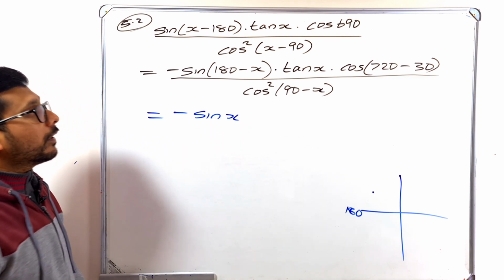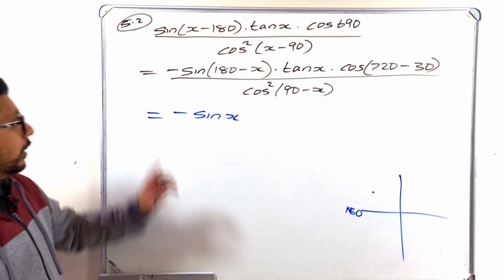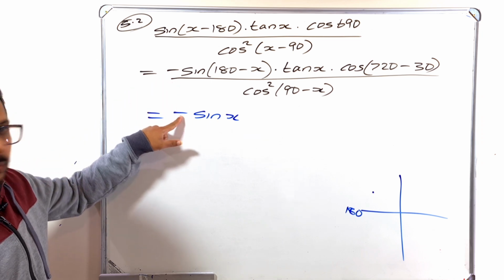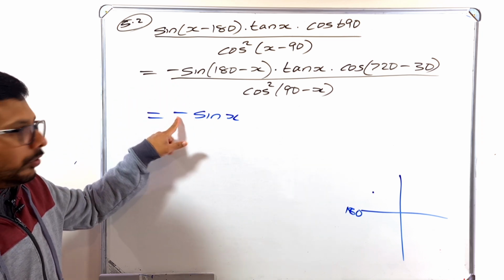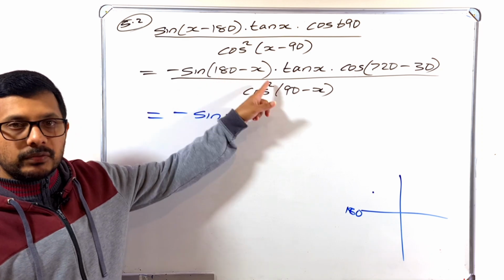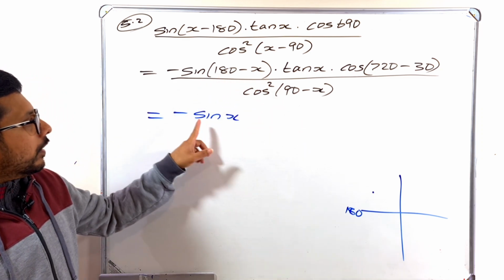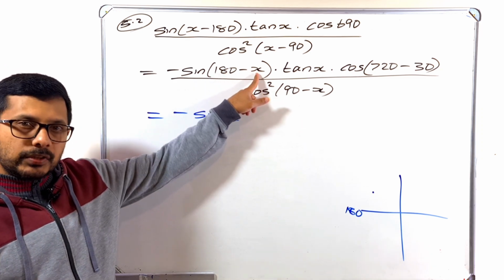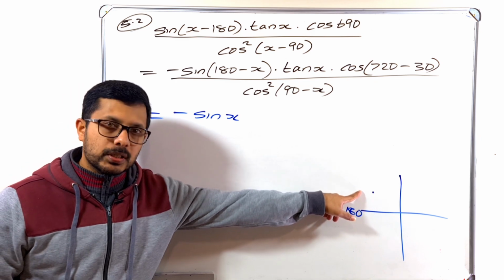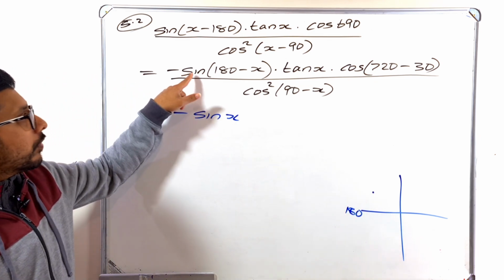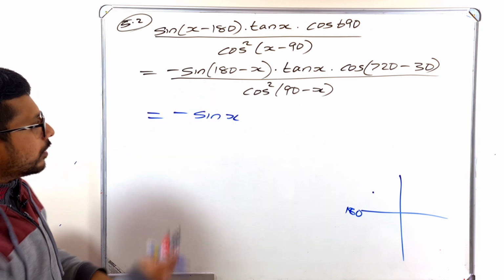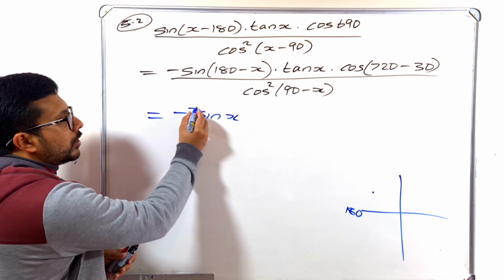Now listen here, in this order you have to think this minus is this one, don't be confused, this minus is this one, not because of this sine 180 minus x. Then 180 minus x is in which quadrant? Second quadrant. Second quadrant, what is positive? Sine is positive. So here what? Sine, so it is positive. Actually there is a positive here.